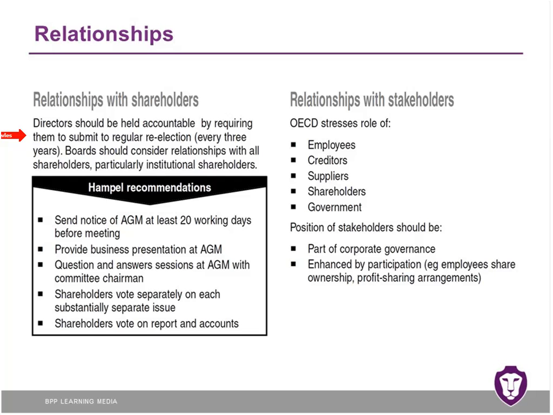If you saw the news a couple of days ago, Qantas had their annual report. You'll see all the directors sitting up in front, and there'll be business presentations. In this case, Alan Joyce got up and did a presentation.